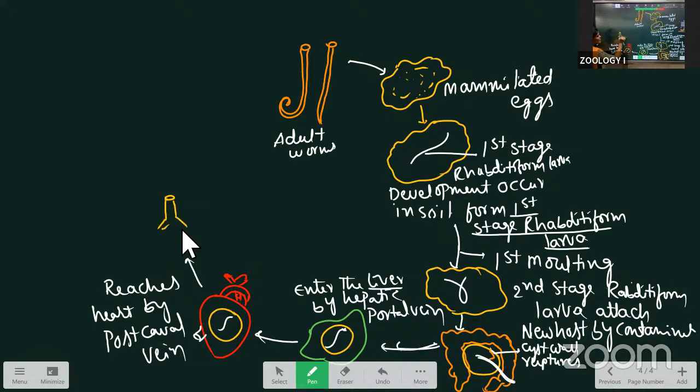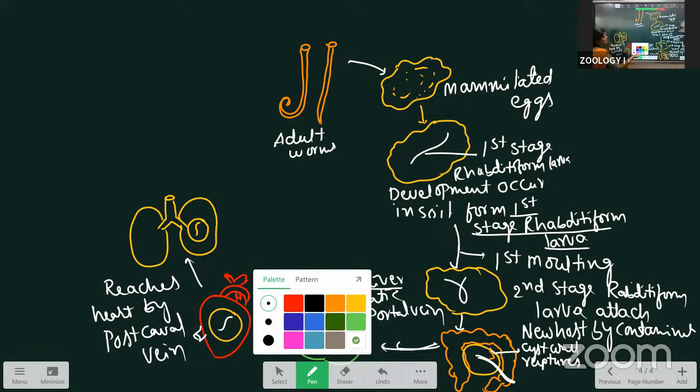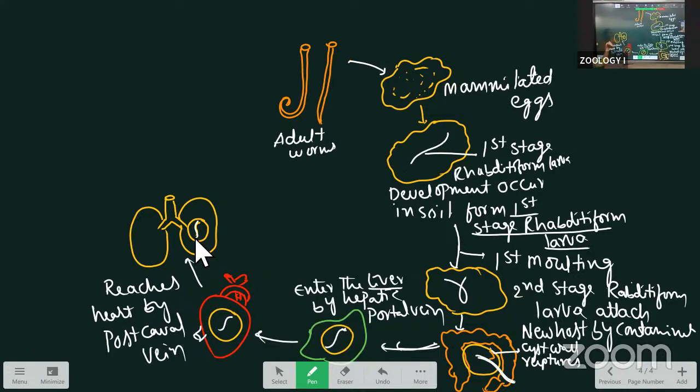There is no space, that's why I'm drawing small. It reaches the lungs by the pulmonary artery.